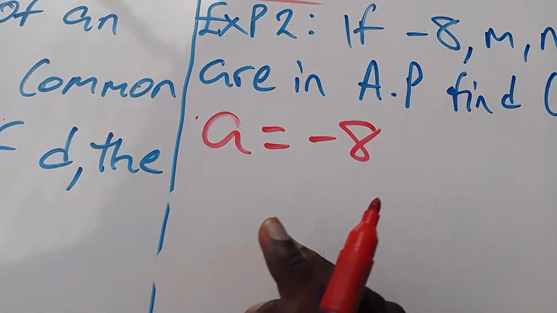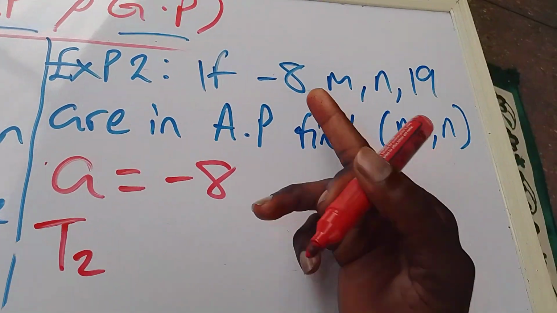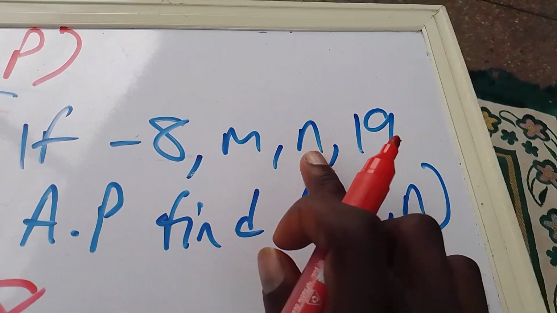So I can say my A is equal to minus 8, and my T2 is m. This is T1, T2, T3, T4.